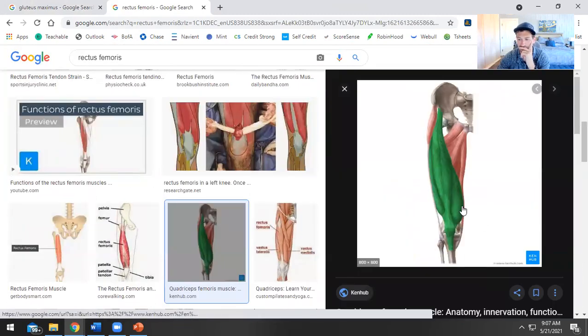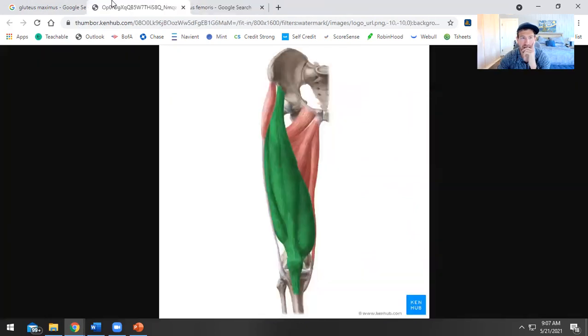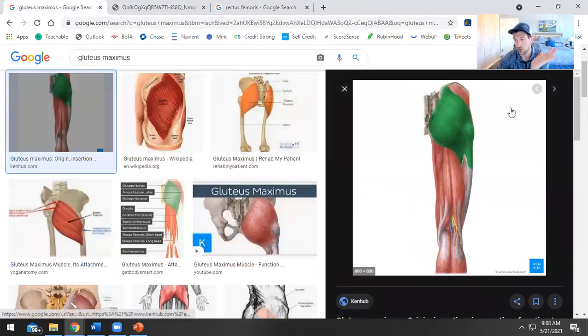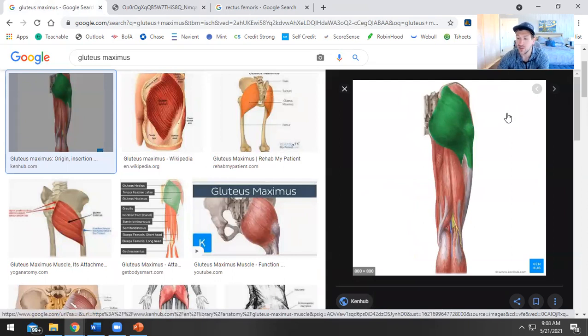Boy, we're getting really lucky with Kenhub pictures today. So this rectus femoris right here won't stop contracting. So this is inhibiting this, right? Total opposite side of the joint. So now a synergist muscle is going to try to come in. Those synergists are going to be your hamstrings and the glute. They're going to try to take over.